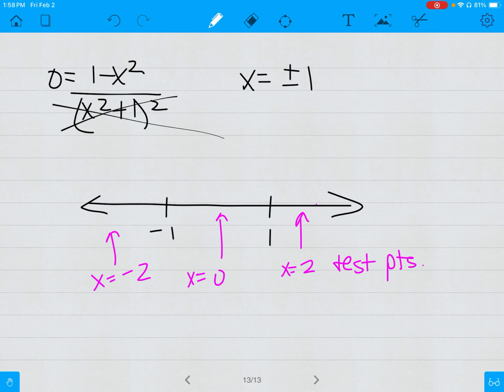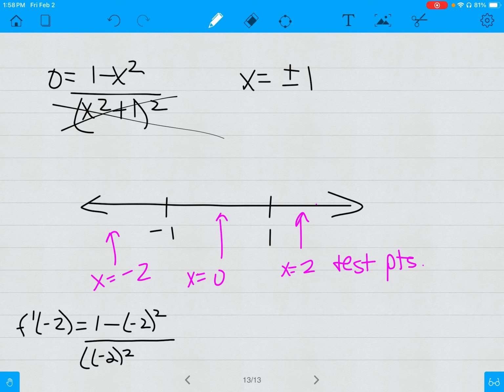So if I had, for example, f prime of negative 2, well, that's going to be 1 minus negative 2 squared over negative 2 squared plus 1 squared. And all I'm going to worry about here is the sign.